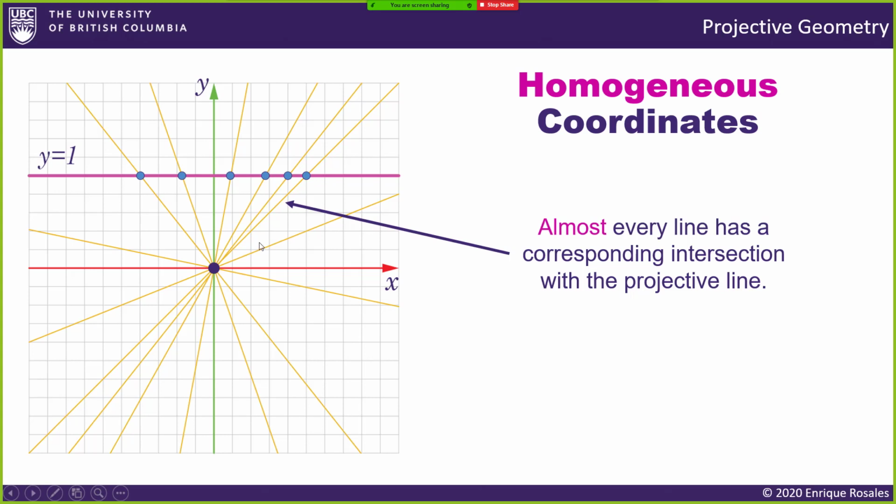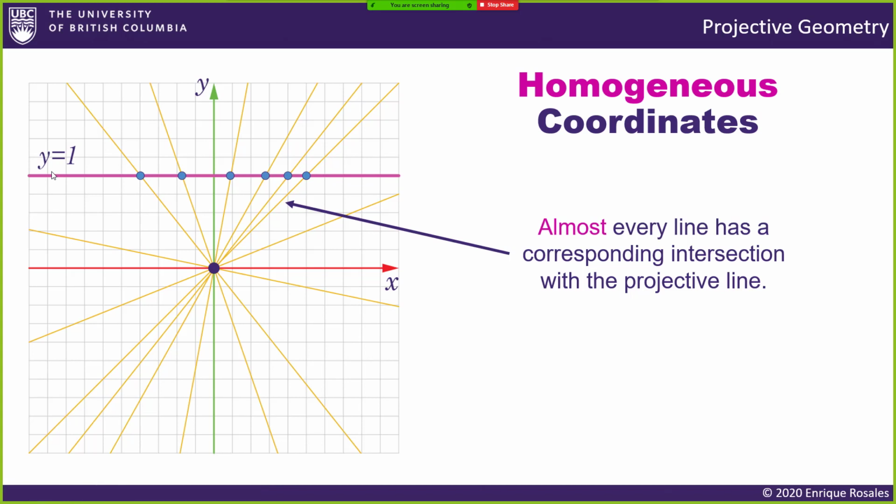Otherwise, my phrases are super long. So every point on this space, except for the origin, is associated with only one of those lines. And all those lines except for one can be mapped to this other line, which we call the projective line.